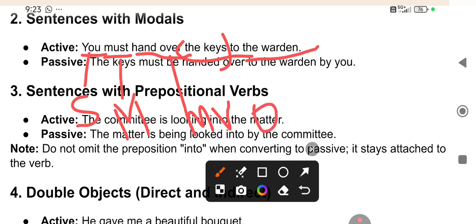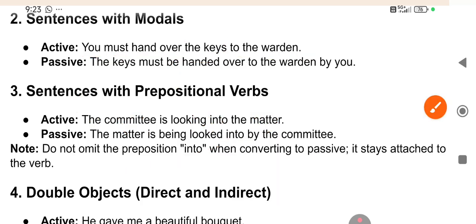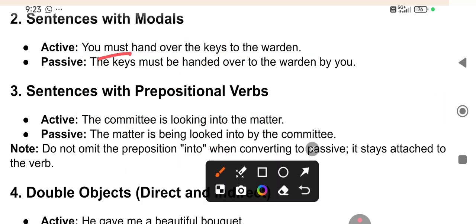So the sentence would of course start with the object. The object will be dragged first: the keys. Now the question here is, since a modal is given, the keys must be, right? Be we have taken from the 8 helping verbs is, am, are, was, were, be, being, been. But before be we have to use the modal.